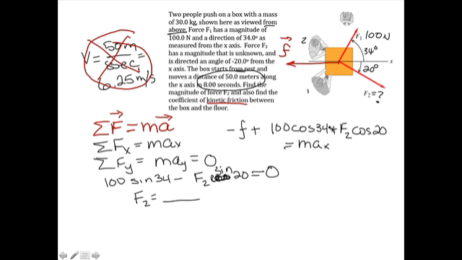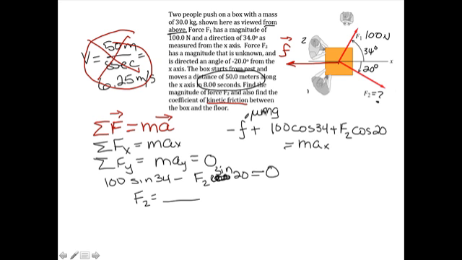You might worry that we have too many unknowns here, but we just solved for F2, and the friction force is equal to mu N, so that's mu m g. So this is the thing we want to solve for, the coefficient of kinetic friction.